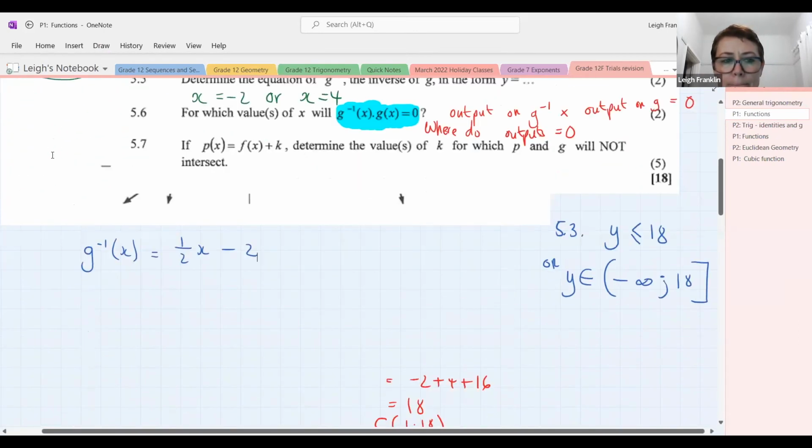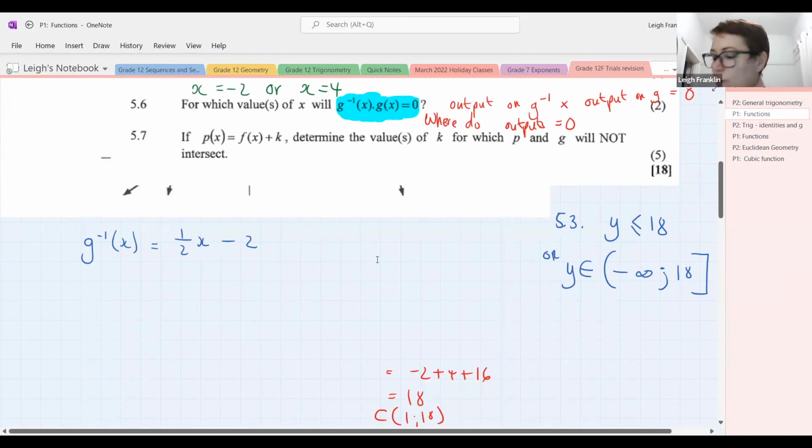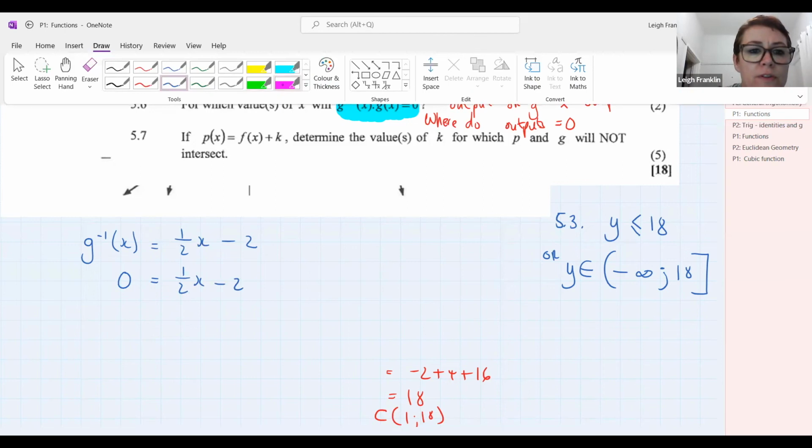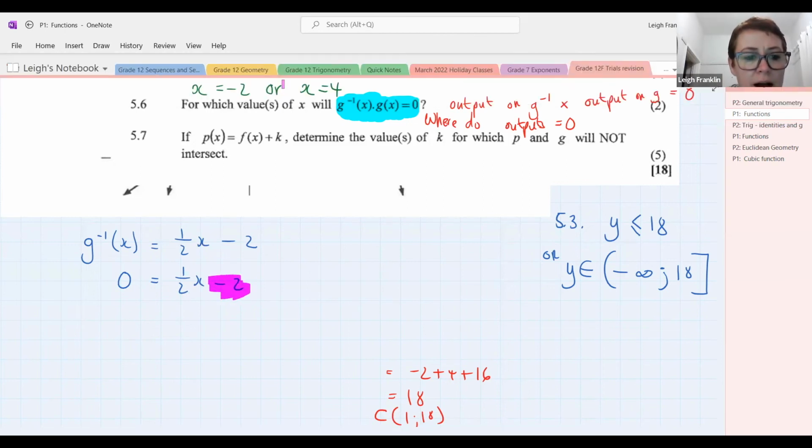Okay. So if we make y equal to 0 for the x-intercept, and we now take this minus 2 over to the other side, so this guy is going to go over here, it's going to change to +2, isn't it?